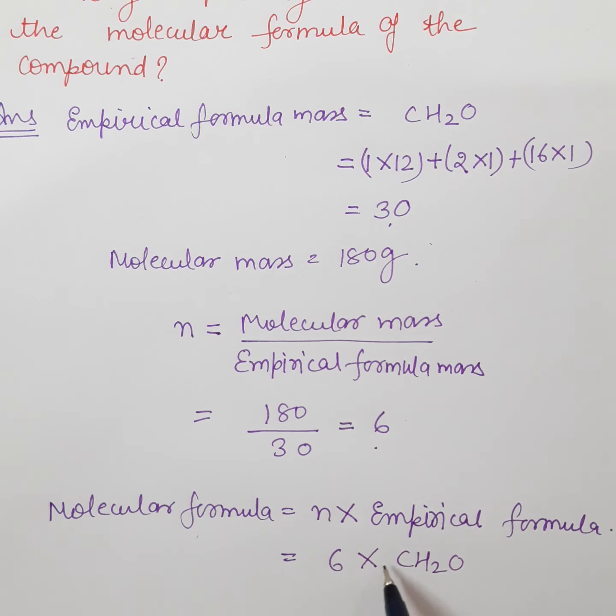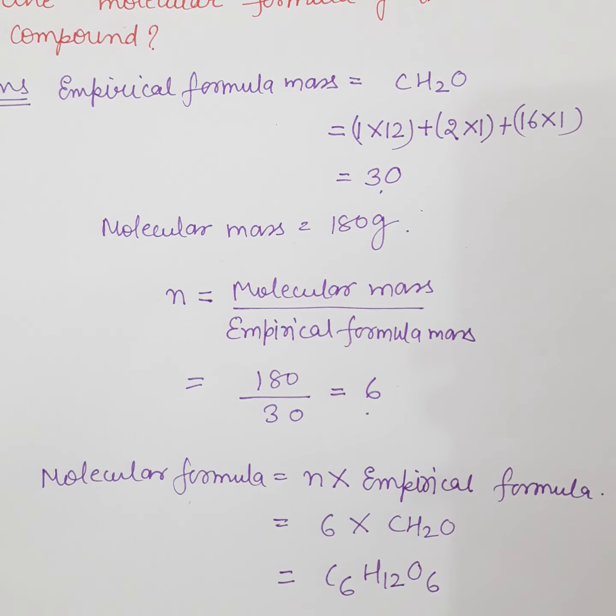Then you must multiply this CH2O by 6, and you get C6H12O6. All right, students, this is how to calculate the empirical formula and molecular formula. Please do more and more practice of the questions. In the next class we are going to discuss the next topics of your unit number 1. Thank you, students.